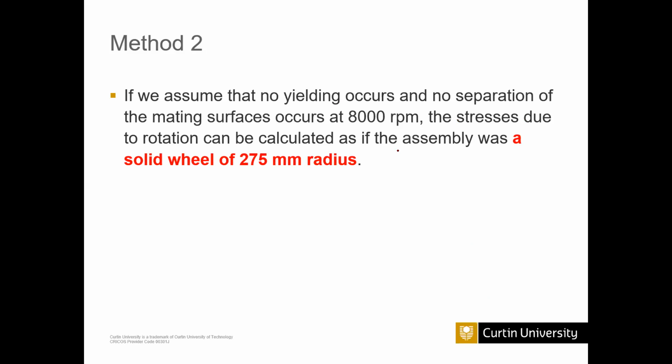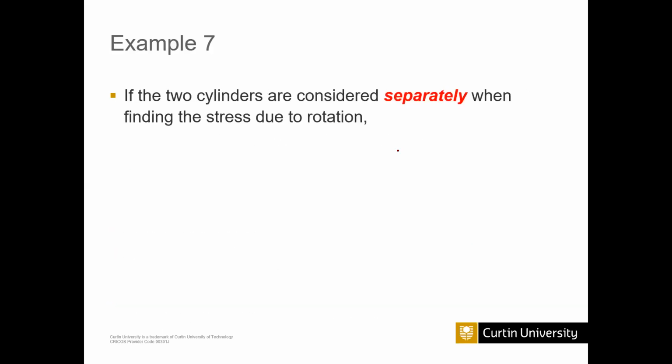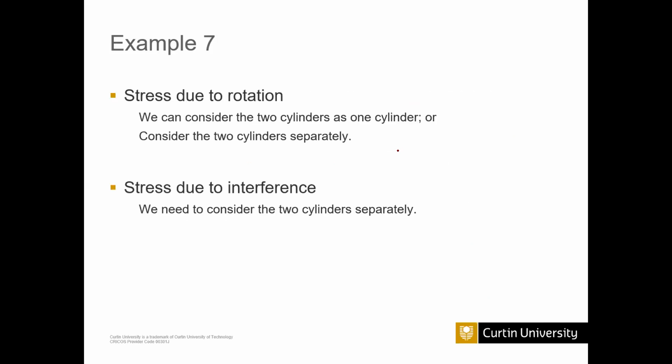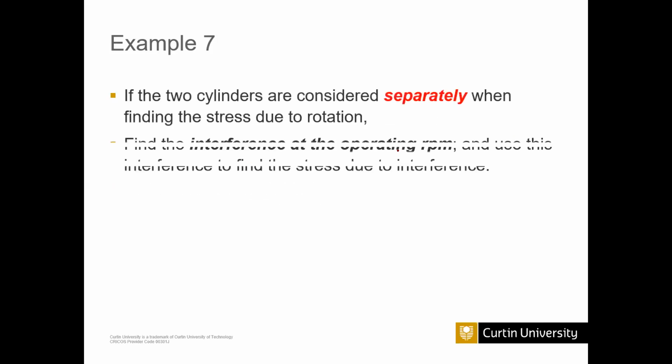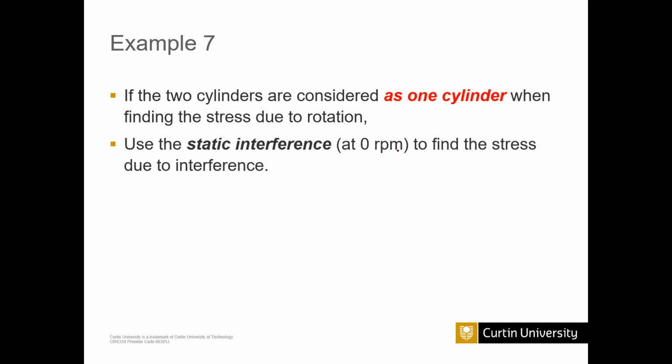Because the second method, what is the condition? There are two methods. We can consider the two cylinders as one cylinder. When we consider the one cylinder, we calculate without, as a non-rotating cylinder, and then introduce the rotating part separately.